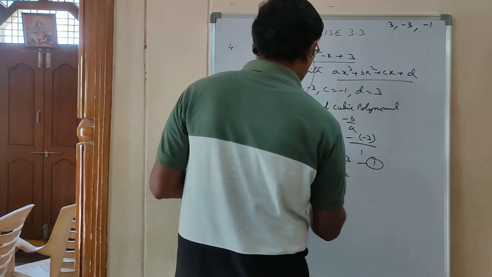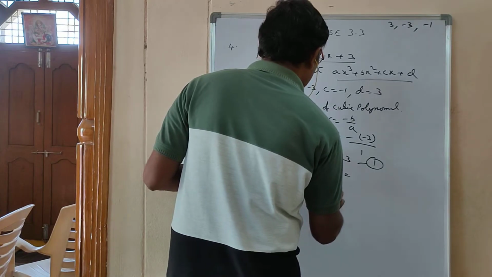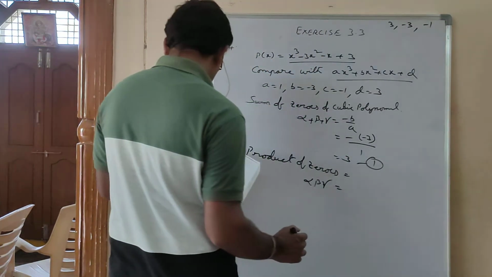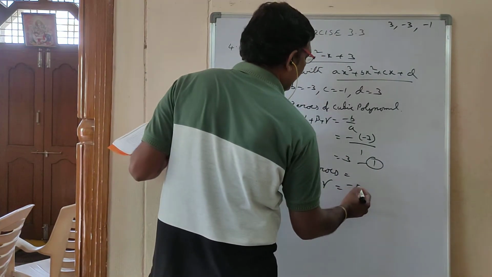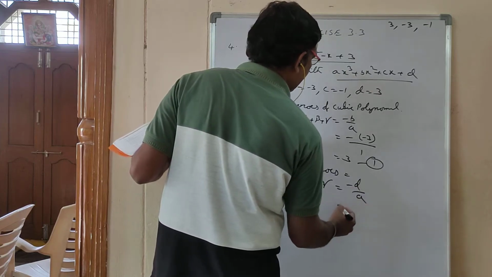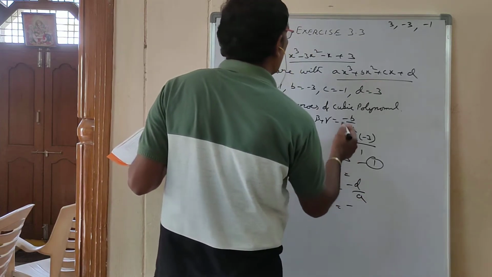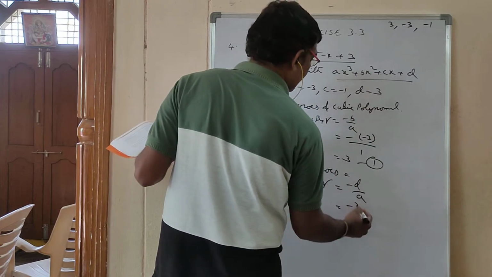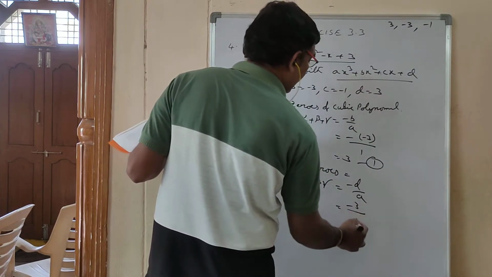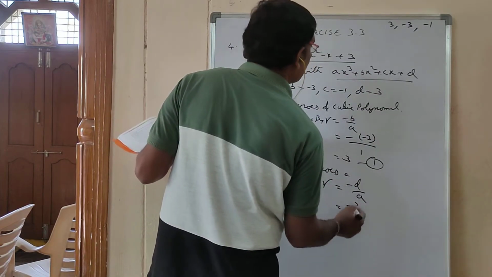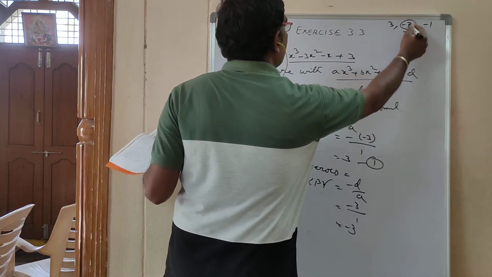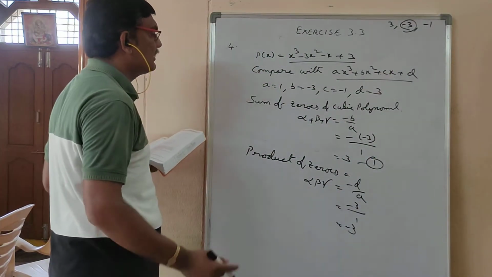You can write here alpha into beta into gamma. What is the formula here? Minus d by a. Minus, what is d here? 3. What is a here? 1. So how much did you get here? -3. Product of zeros is -3.